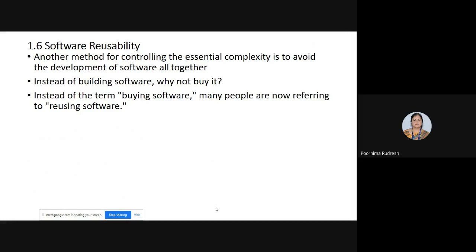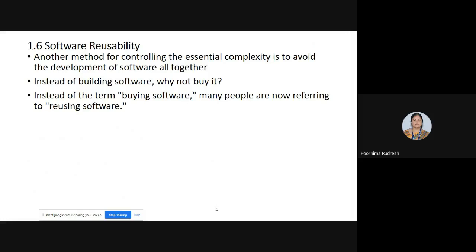When the software itself has intrinsic difficulty or intrinsic complexity, then it leads to essential complexity. Even if you use other tools or resources, it is very difficult to eliminate the essential complexity. I explained that in the last class, right?